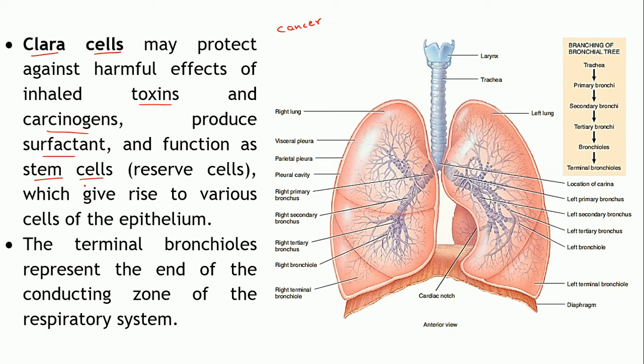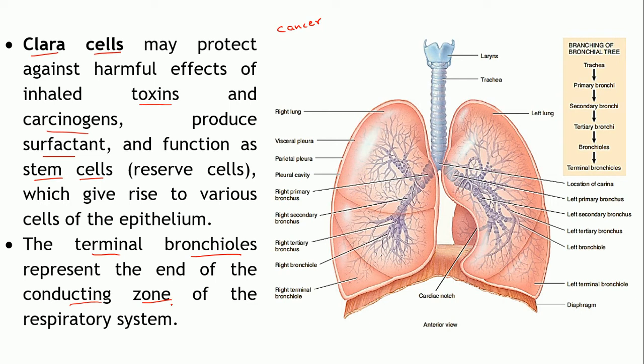Up to this level, that is up to the terminal bronchioles, as we have seen under the branching, it comprises the conducting zone. We have seen that the respiratory system can be divided into two parts functionally, correct.